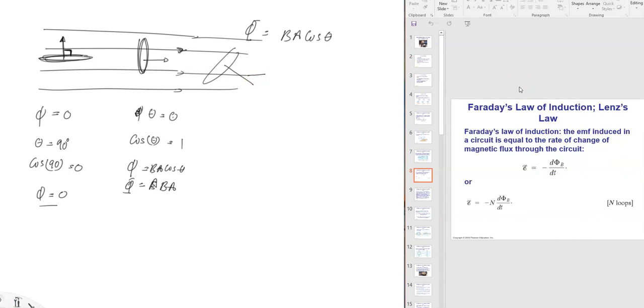Okay, so now going back to electromagnetic induction, what Faraday experimentally observed was that when the magnetic field or the area or something is changing, it produces electricity.